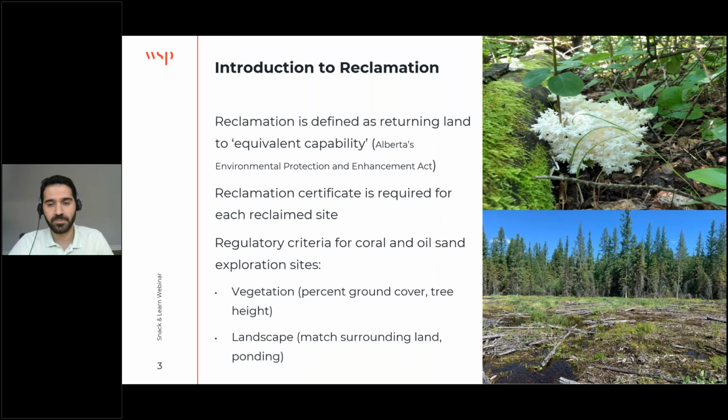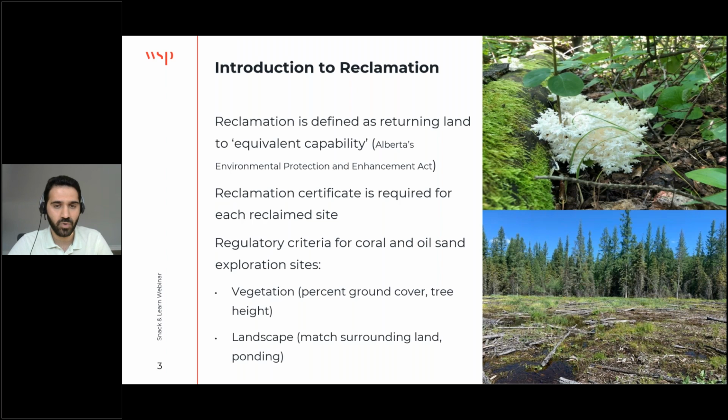So when we do reclamation, we also need to report our reclamation success to organizations like regulators. And based on different regulations in different countries, we need to assess various parameters.